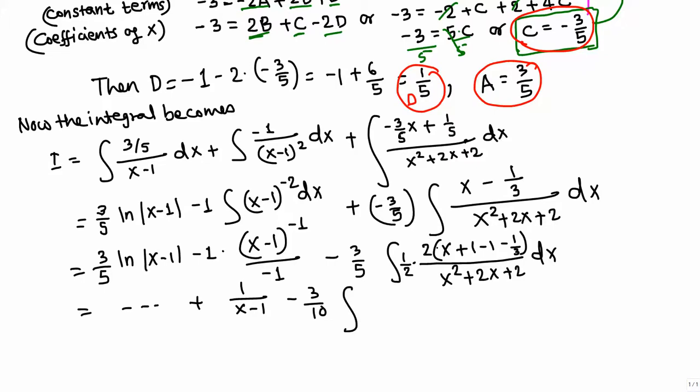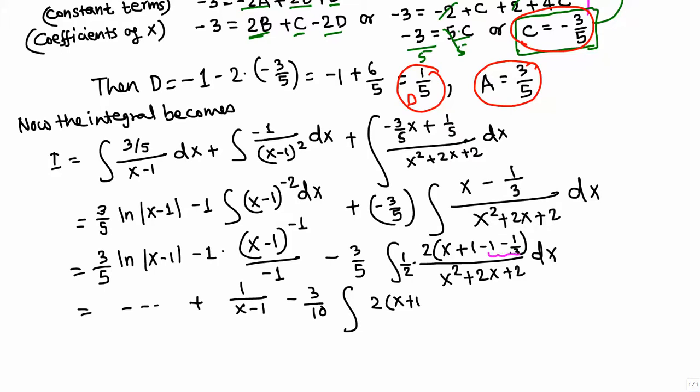And this, now we need to distribute. Let's combine these two. We need 2x plus 1 minus 1 minus 4 1/3. X plus 1 is needed because when we distribute 2x plus 2, that's the derivative of bottom. Negative 1 minus 1/3. I want to combine these two.